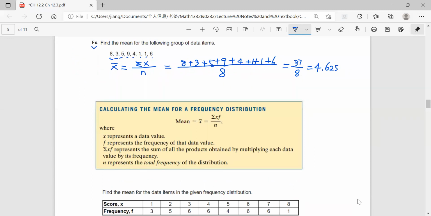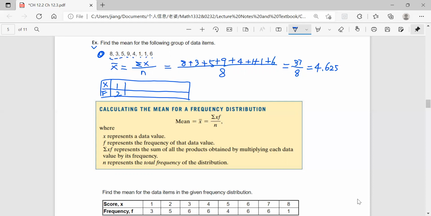For example, if I have the same example and convert it to a frequency distribution, the first line is the x value, and the bottom line is the frequency. If I start from the smallest number, I start from 1. How many ones? I have 2 ones.